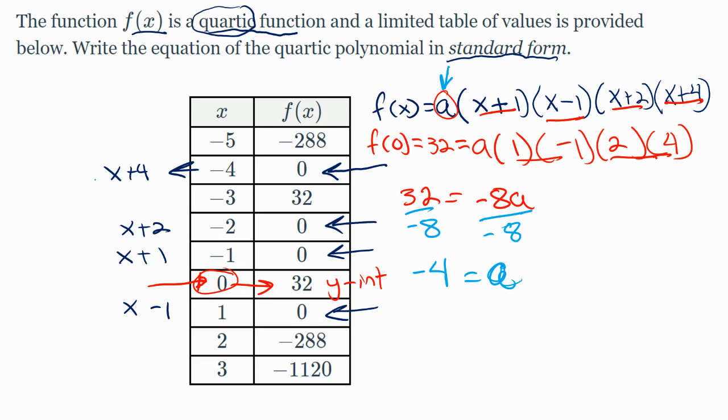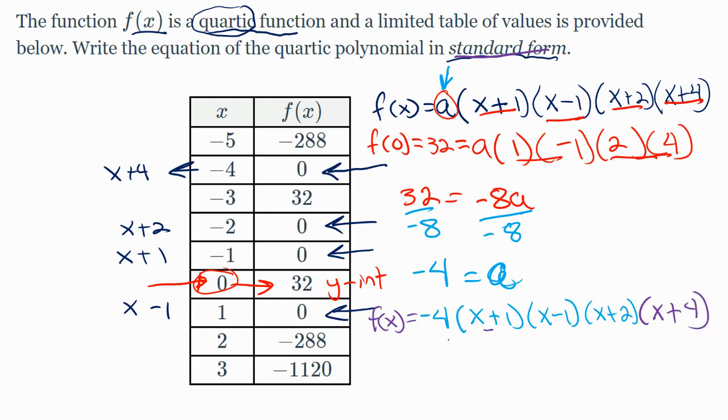distribute and simplify. So let's do that. So I'm going to put negative 4 times x plus 1, x minus 1, times x plus 2, times x plus 4. And then I'm going to take advantage of my difference of squares because I have conjugates here.